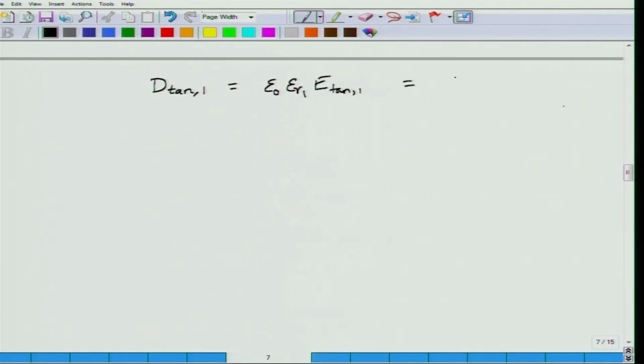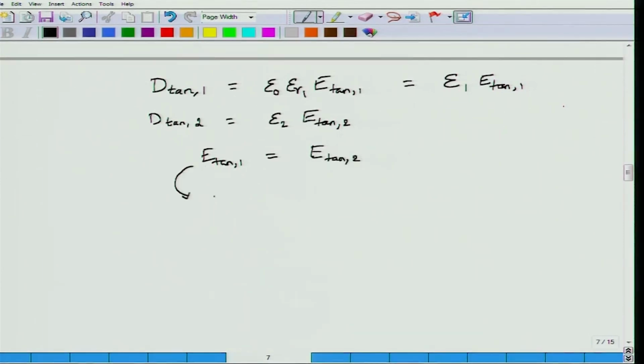I can write this in a shorter form by combining epsilon 0 and epsilon r into epsilon, and write this as epsilon 1 times the tangential electric field in medium 1. Similarly, I can write the tangential D field in the second medium as epsilon 2 times the tangential electric field in medium 2. Since E tan 1 must be equal to E tan 2, I can substitute for the tangential electric field in terms of D fields.